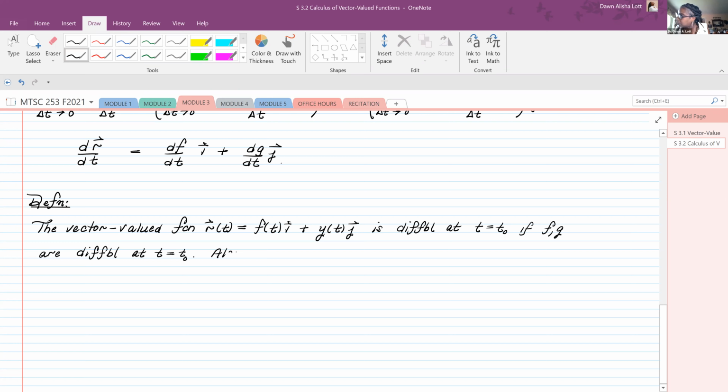Also, r of t is differentiable if it is differentiable at every point of its domain.